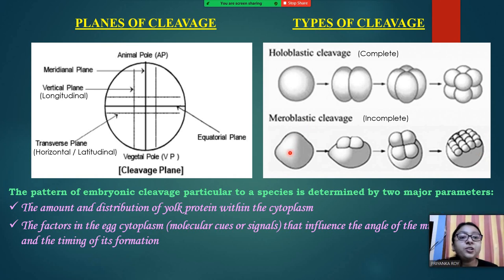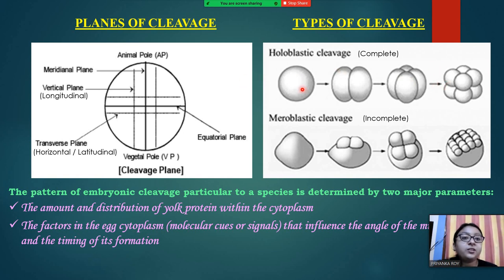So the two major divisions of cleavage are known as holoblastic cleavage and meroblastic cleavage. In holoblastic cleavage, as you can see, the cleavage is complete. What do I mean by complete? The division has occurred throughout the embryo and cells are getting formed, from 1 cell to 2 cells, 2 cells to 4 cells, 4 to 8.